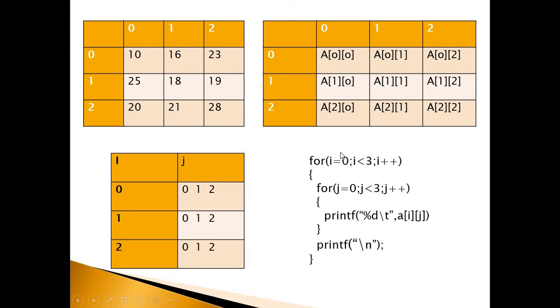After executing this, i is incremented. It becomes 3. So when i becomes 3, this condition will be false. So it will not enter this loop. It comes out of the loop. After executing this, on the screen you will see these values printed in the matrix format.